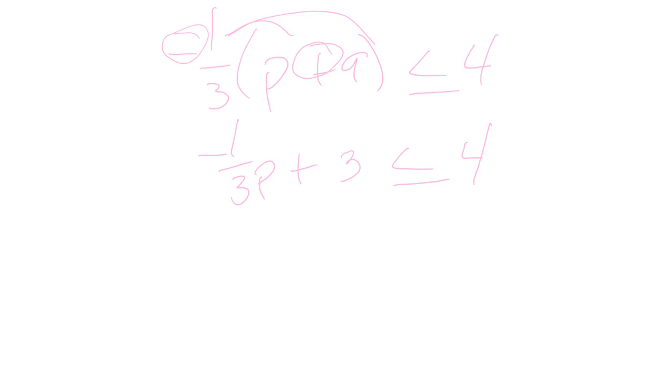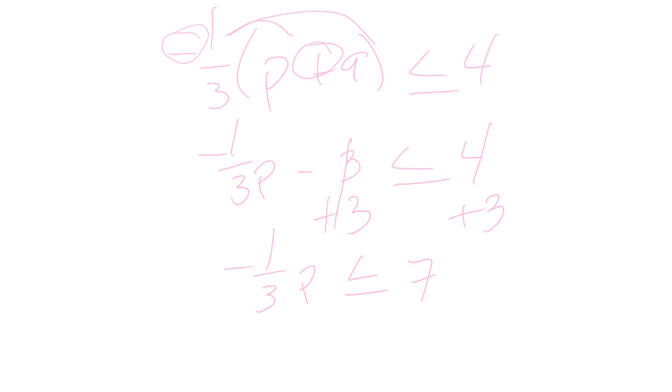So I'm going to go ahead and erase that because we should have a negative sign. All right, so now we're going to solve. Get rid of the negative 3. We're left with negative 1/3 p is less than or equal to 7, right?